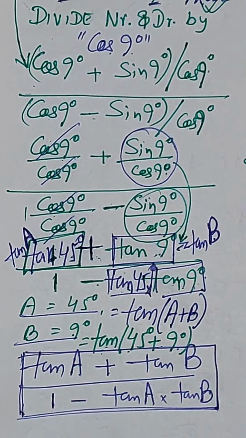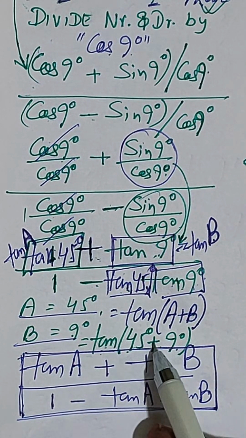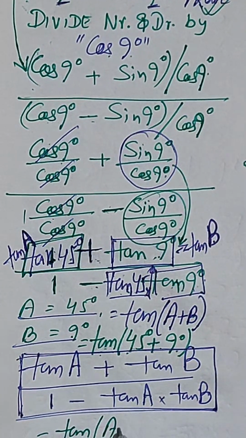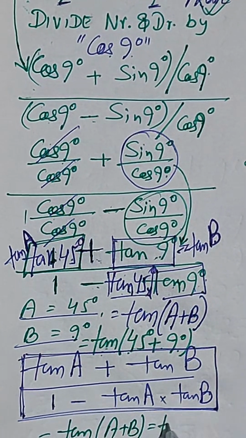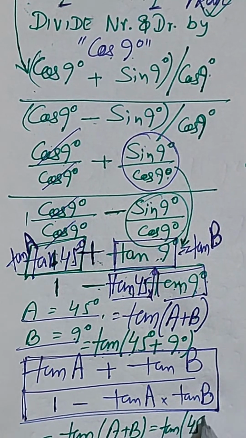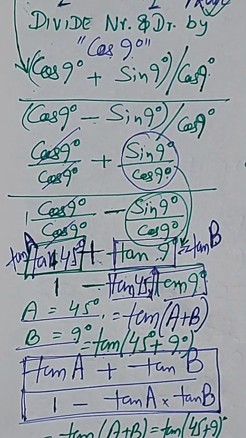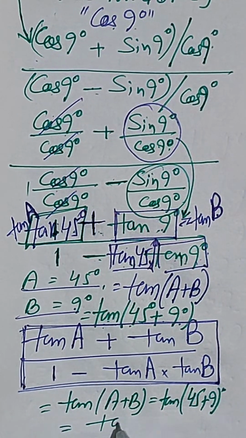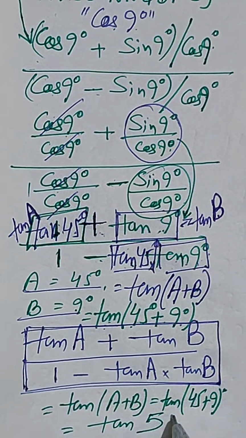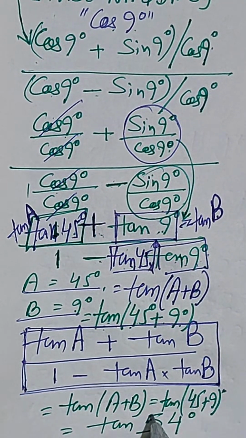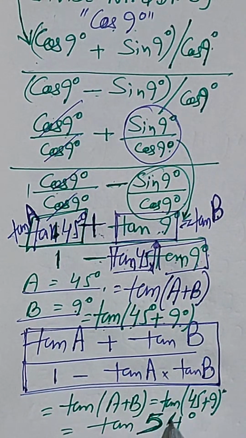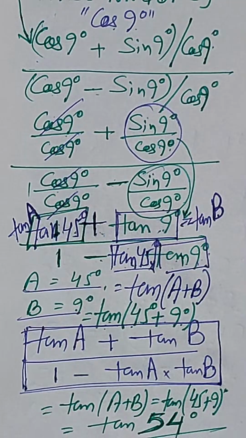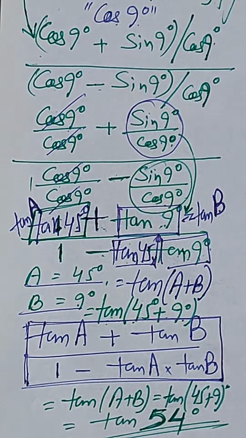Because tan(A + B) is equal to tan of 45 plus 9 degree, so this will give you tan of 54 degree. This is our answer, and in this way we have proved it, right?